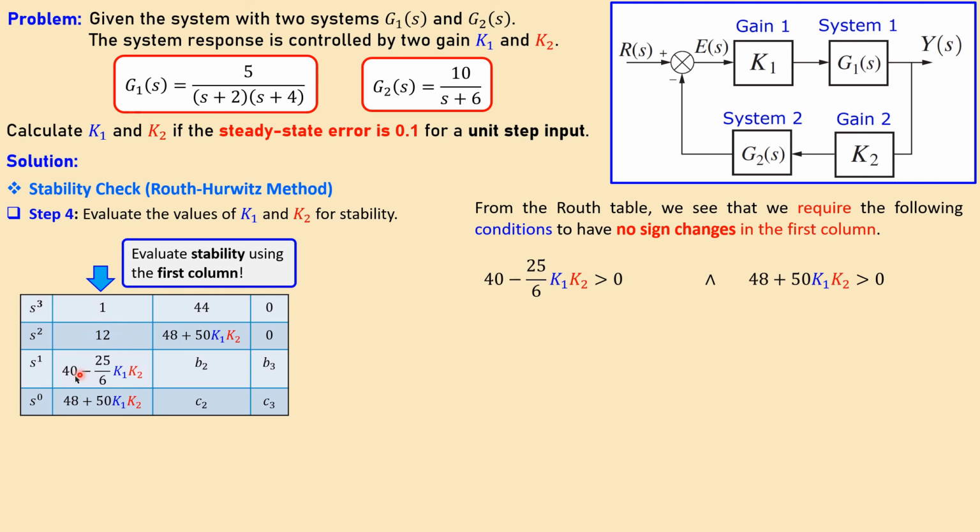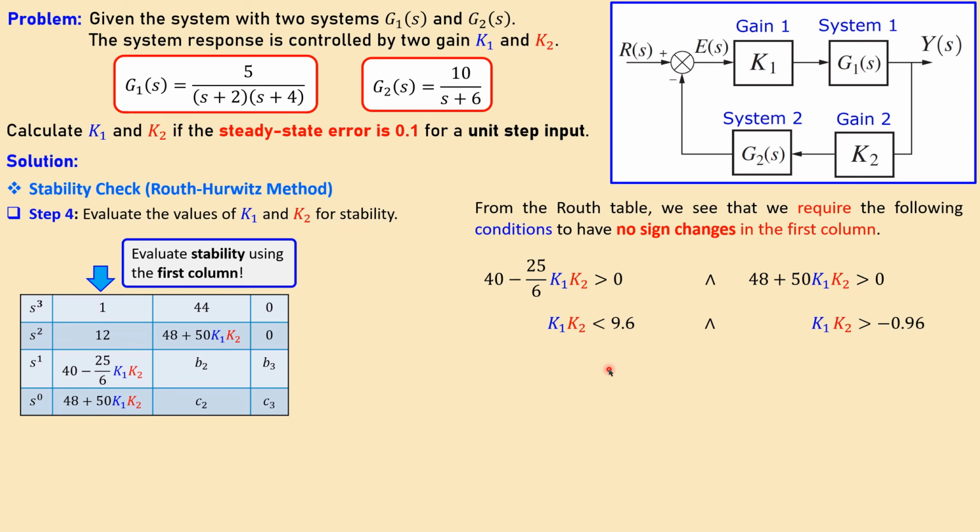That means the following: 40 minus 25 over 6 K1 times K2 must be larger than 0, and 48 plus 50 times K1 K2 is also larger than 0. Both of them must be larger than 0, not just one. So if I work it out, I get for K1 times K2, just a product, not a single value, must be smaller than 9.6.